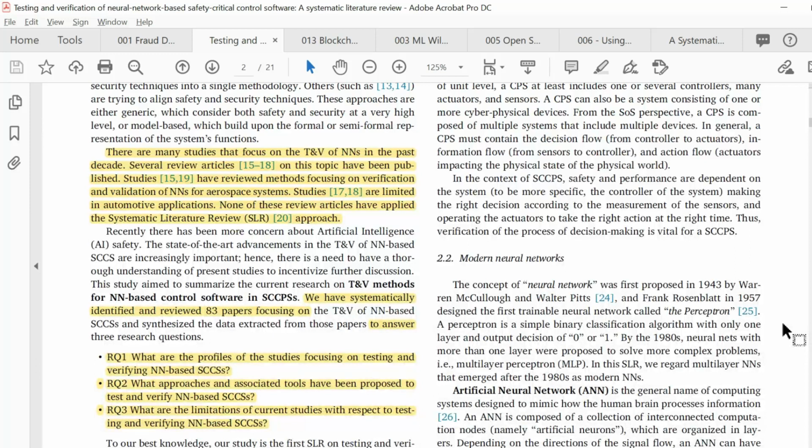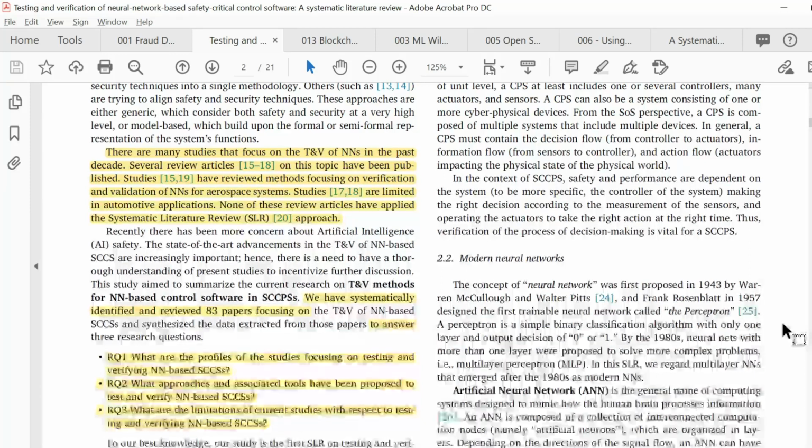Studies 15 and 19 have reviewed methods focusing on verification and validation of NNs for aerospace systems. Studies 17 and 18 are limited in automotive applications. None of these review articles have applied the systematic literature review approach.